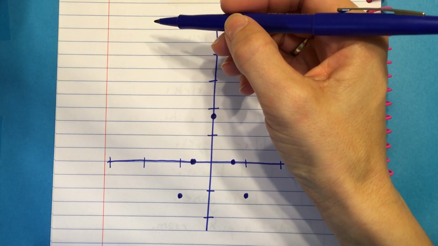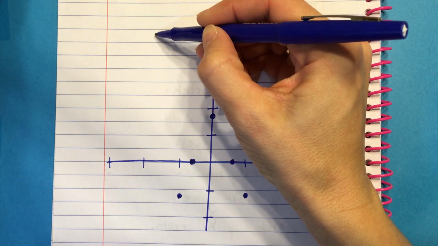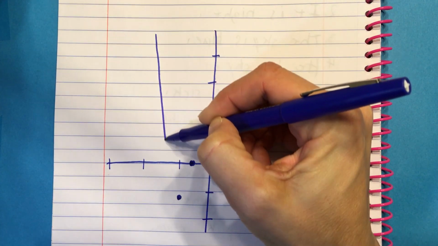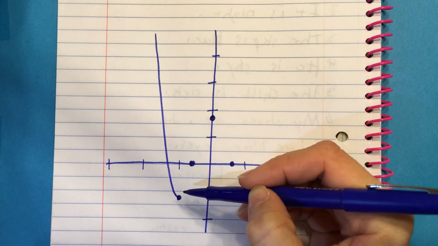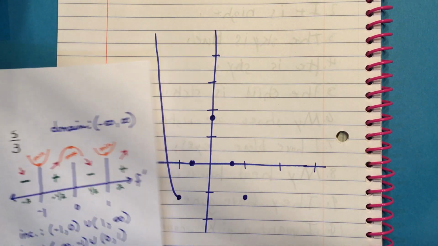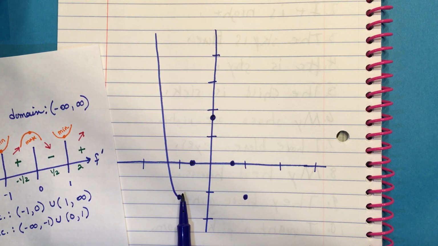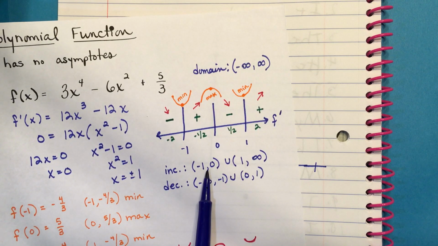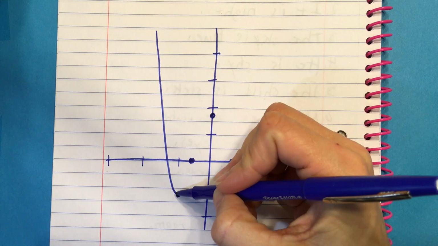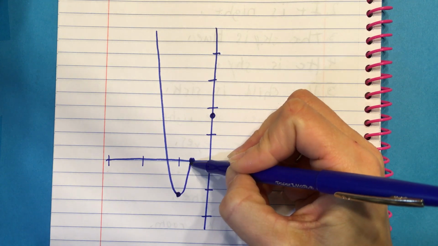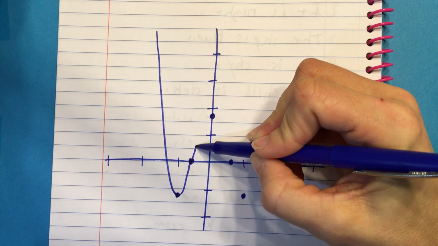So you're going to decrease until you get to that point. Okay, and then from -1 to 0 is where we increased. So you're going to pick up your x-intercept right here, and then you're going to increase.